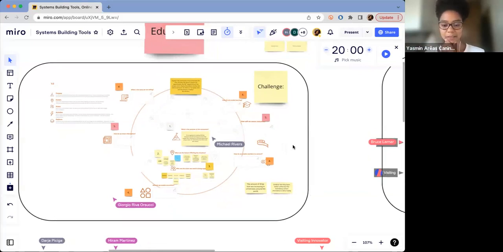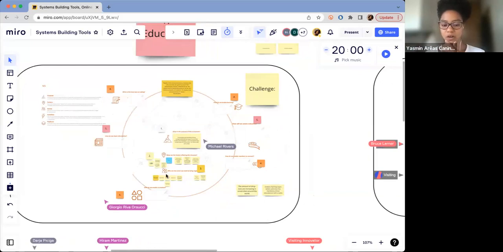And so how did you find this part of the Canvas? You found it okay, easy? Was it good to have some type of different thoughts around the challenge that you've identified?